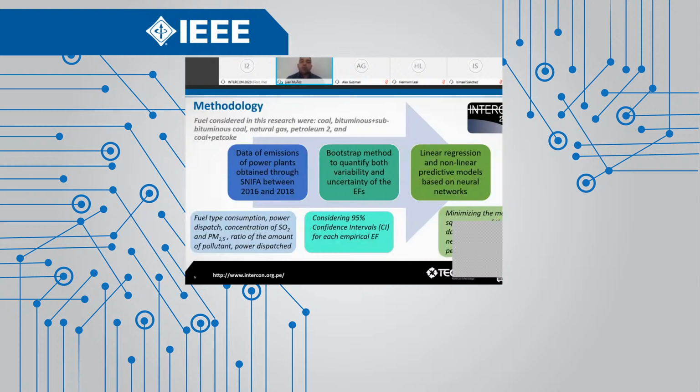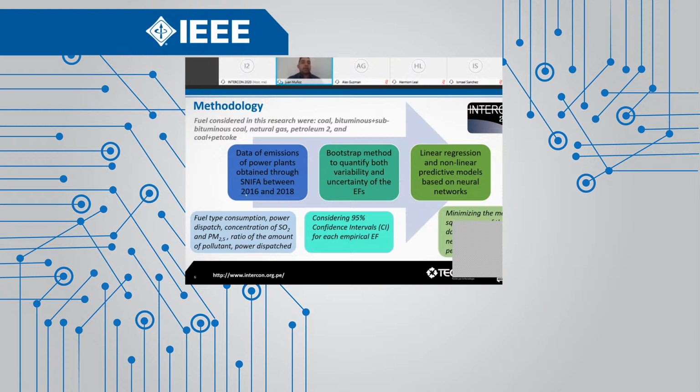So what was the methodology that we used in this paper? First, we gather data of emission of power plants obtained through SNIFA. SNIFA is an organization that depends on the SMA of Chile, and they have a lot of historical data about emission factors. We take the data from 2016 to 2018.